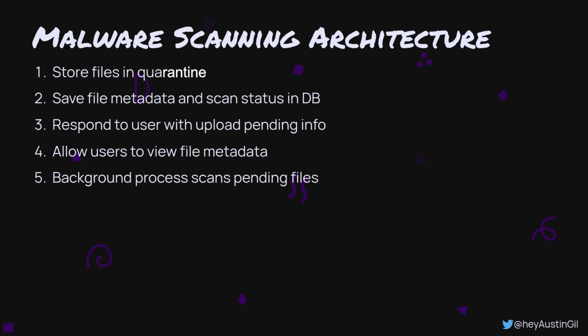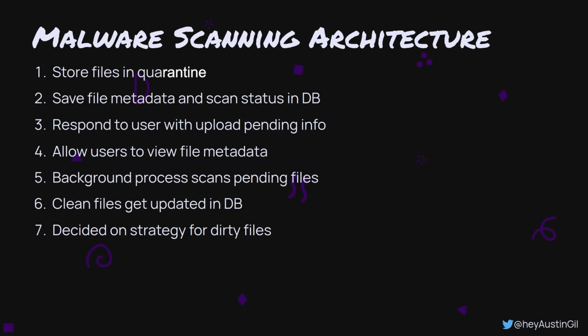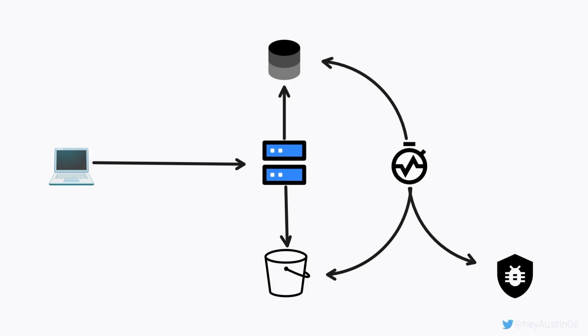When it's complete, it'll update the database. That way, any clean file will be updated, and then you could potentially distribute only the clean ones to users. For any of the dirty files, or any file that is malware, it depends on how you want to approach the strategy for dealing with malware or users that upload malware. This is what it could potentially look like.